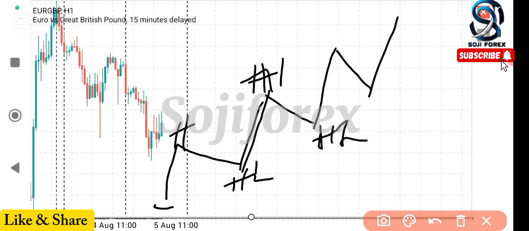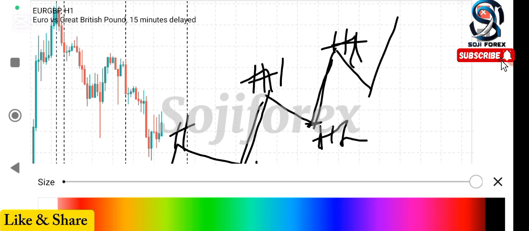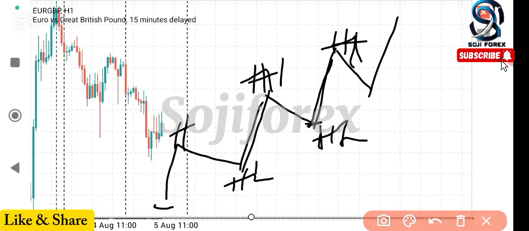Now every higher low is validated with a higher high. So if we must consider this as a structural point, it must give us a higher high, which means that price should be able to push above this previous higher high in order to create a new higher high. The same thing is applicable to this one. You see that it pushes above this former zone and gives us a new higher high.